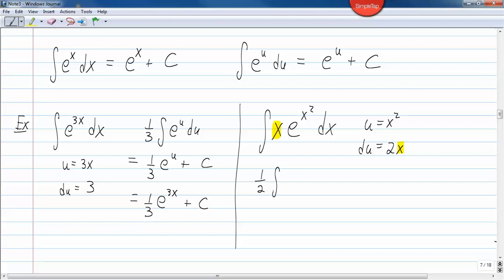So this is 1/2 times the integral of e to the u du. Okay, so that's 1/2 times e to the u plus c, or 1/2 times e to the x squared plus c. Okay.